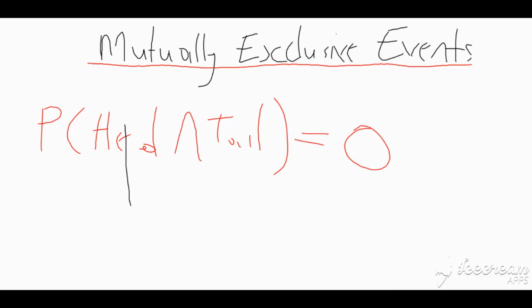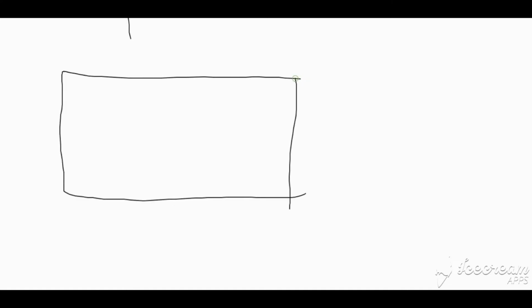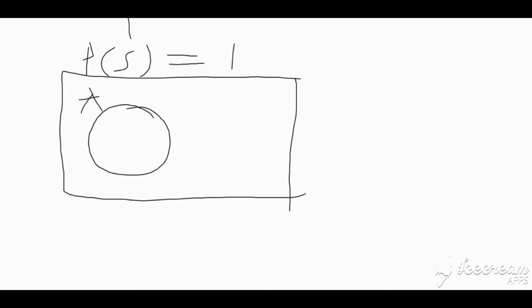Now let us say we have two events. Let's call them event A and event B. So this is my sample space, and we know the probability of a sample space is always equal to 1. This is event A, and then we have event B. If these two are mutually exclusive events, it means that they can't happen at the same time, which means that there's no intersection.